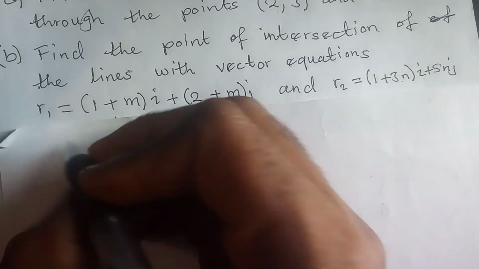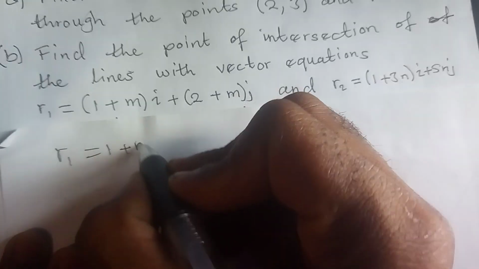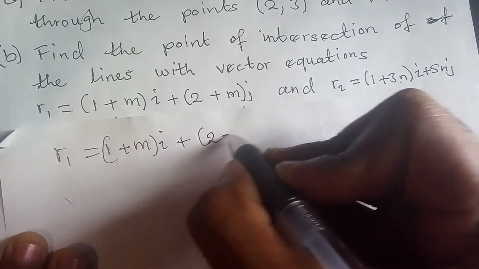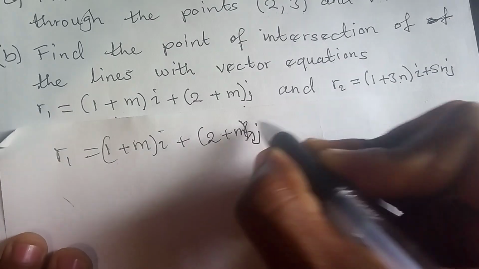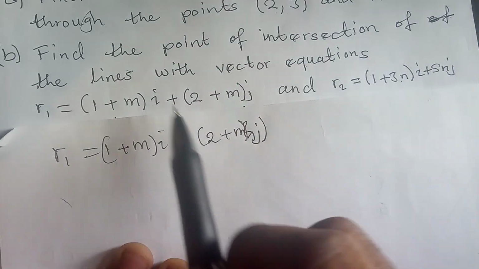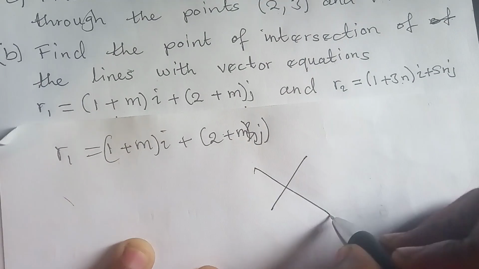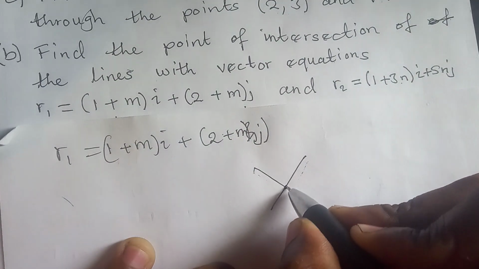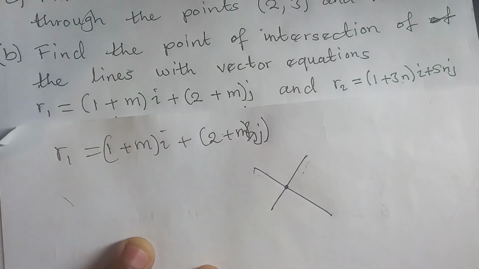So to solve these two equations simultaneously, you can simply say, since these two are meeting somewhere, it means at that meeting point, if this is line 1 and this is line 2, then we have a point which is able to satisfy this and this equation simultaneously.